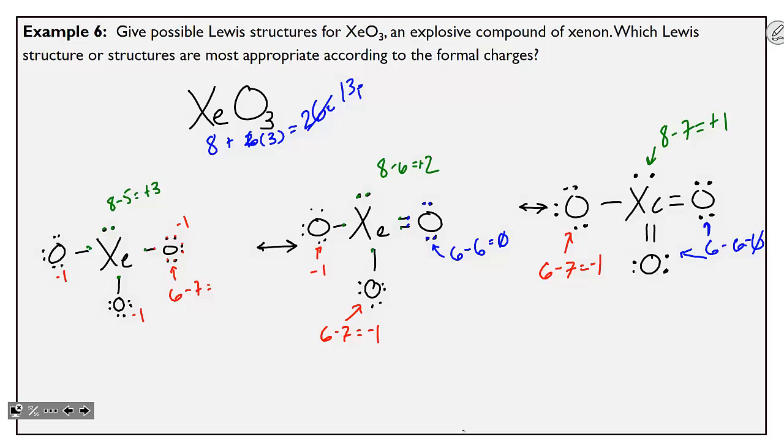The lowest energy resonance structure for xenon trioxide is for xenon to have 14 electrons around it, because each oxygen now has a formal charge of 0.